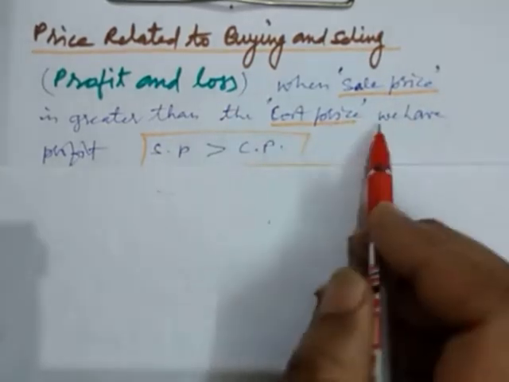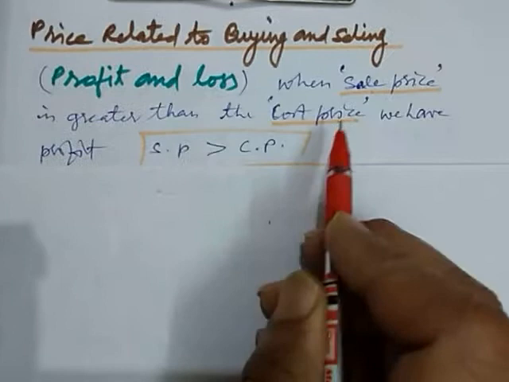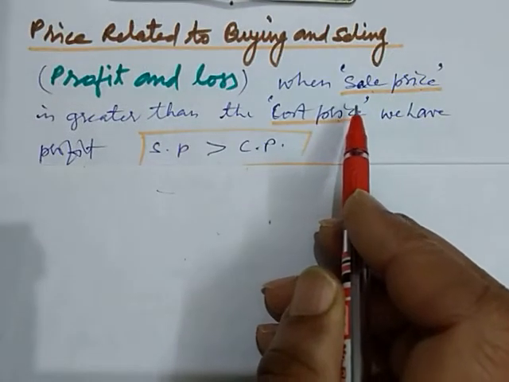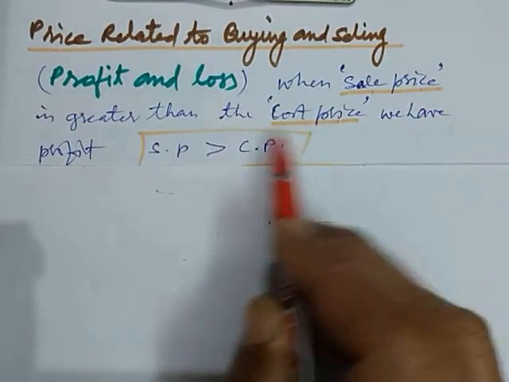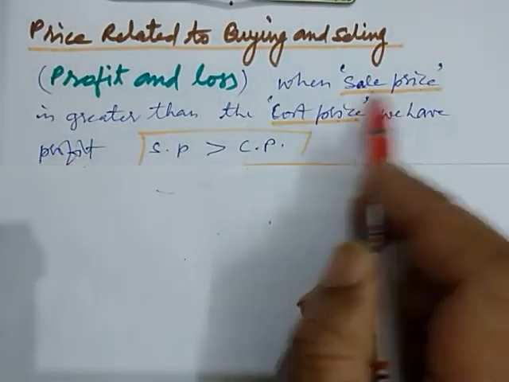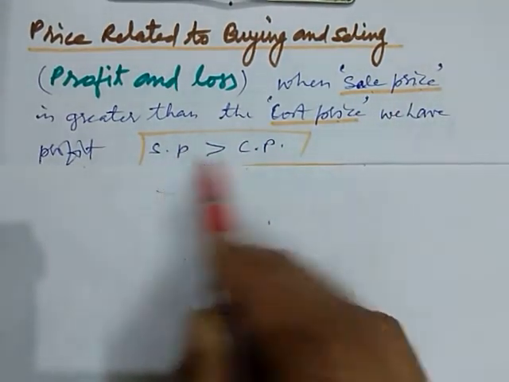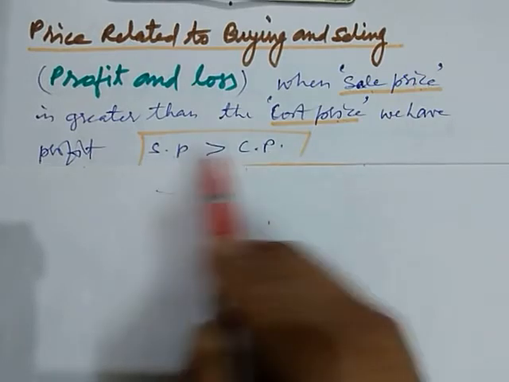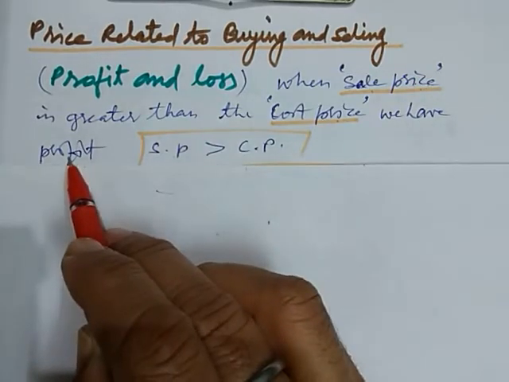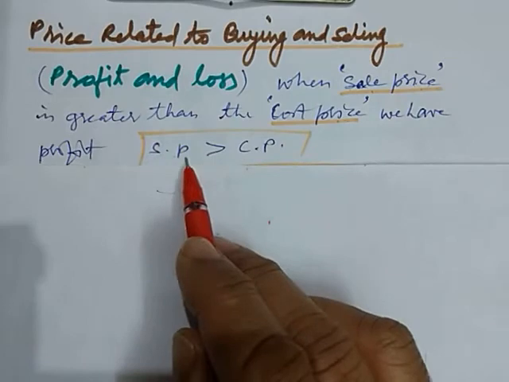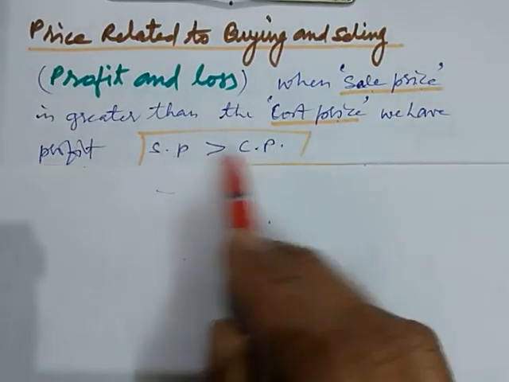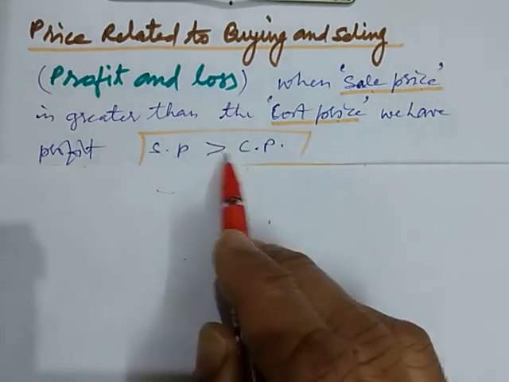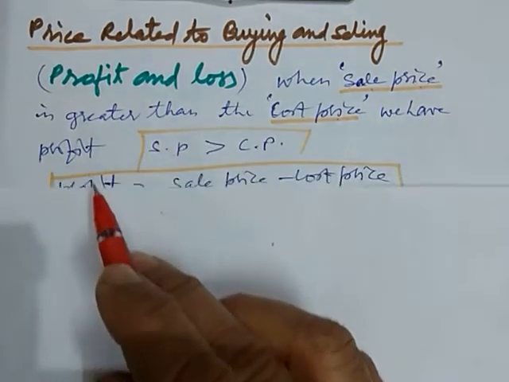Here we have to know that first we check which one is greater, the sale price or cost price. If sale price is greater than the cost price, we have some profit. So first we check sale price and cost price.